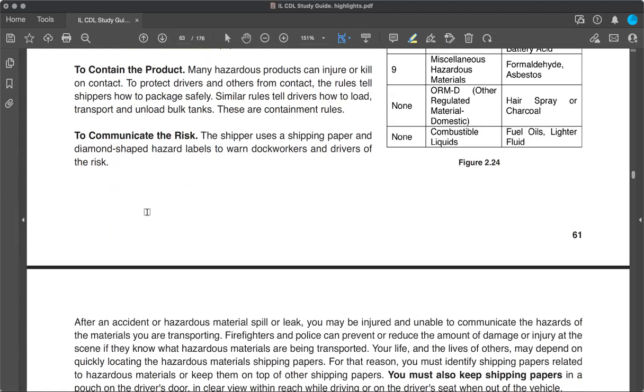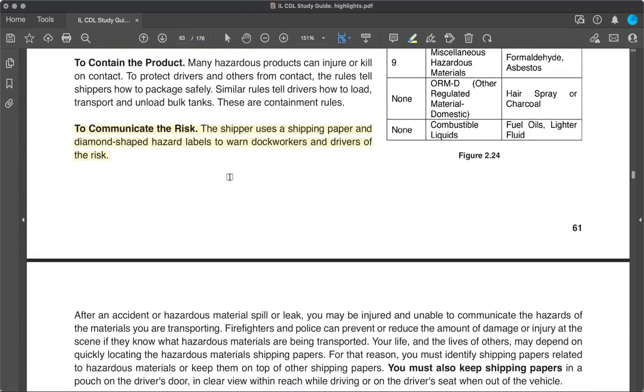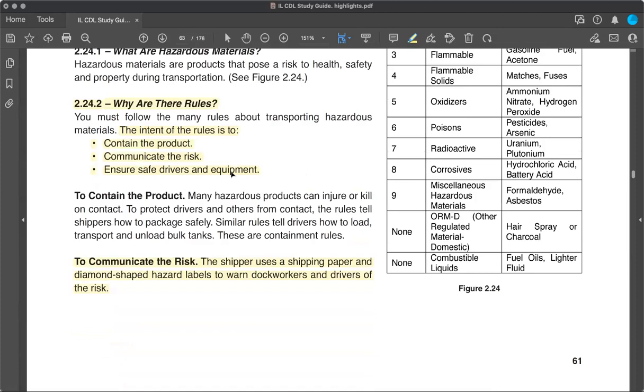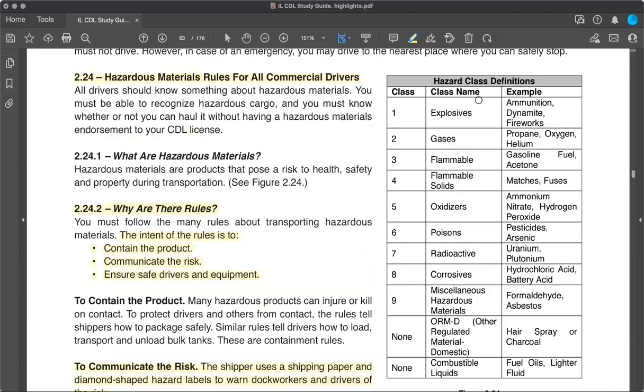To communicate risk, I have this entire paragraph highlighted. It says the shipper uses a shipping paper and diamond-shaped hazard labels to warn dock workers and drivers of the risk. So we should be familiar with what these diamond-shaped hazard labels are. Over to the right, figure 2.24 gives you the class name and what's included in it.